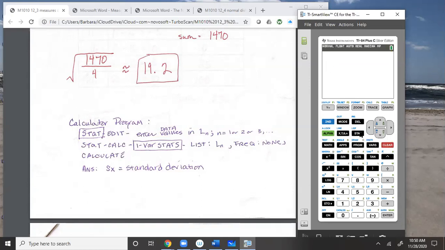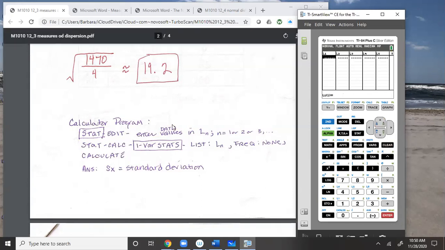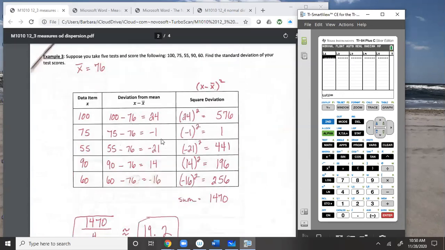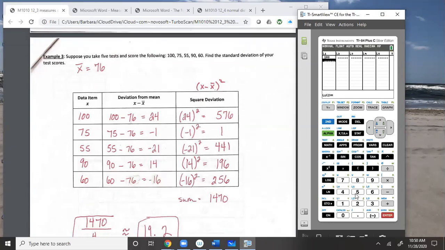Okay, we're going to press stat, enter, clear out your list, and let's put in all the numbers. Once you have all 5 numbers, we're going to press stat, calc, enter. List is L1.